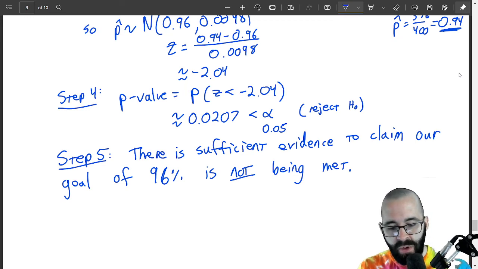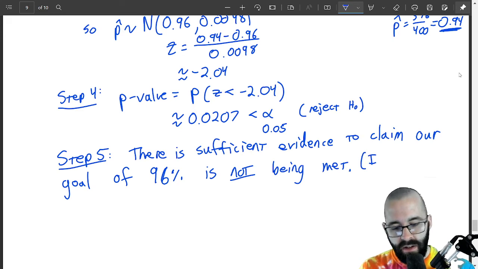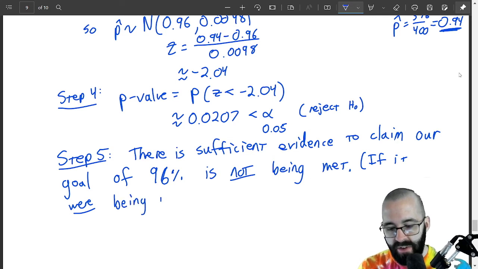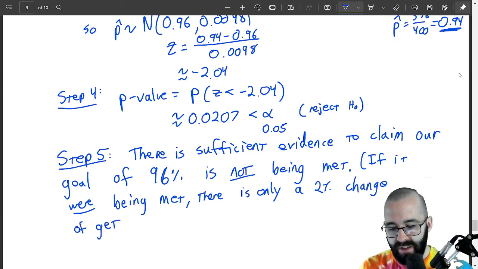You could interpret it a little more by saying, right, if it were being met, if our assumption was correct, if our null hypothesis were true, there'd only be a 2% chance, our p-value, of getting survey results this bad or worse.